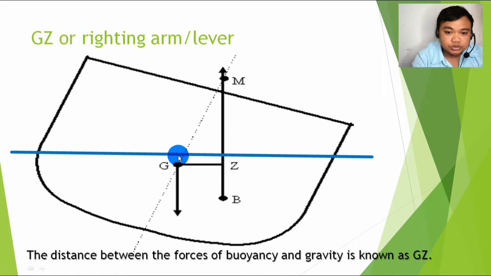So in this illustration, we have here the vessel heeling on one side, and we have here the center of gravity acting downward and the center of buoyancy in line with the metacenter acting upward, which is going to make our ship upright again. That's why it is called righting arm or lever.